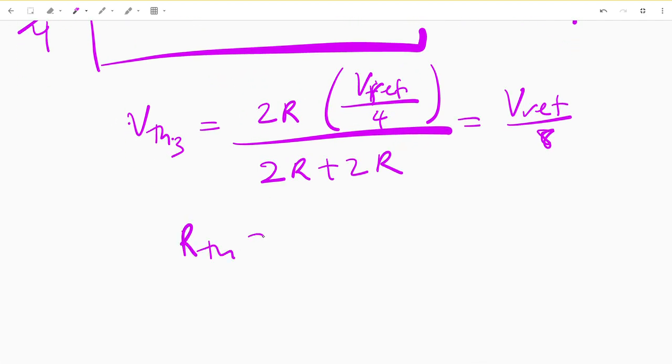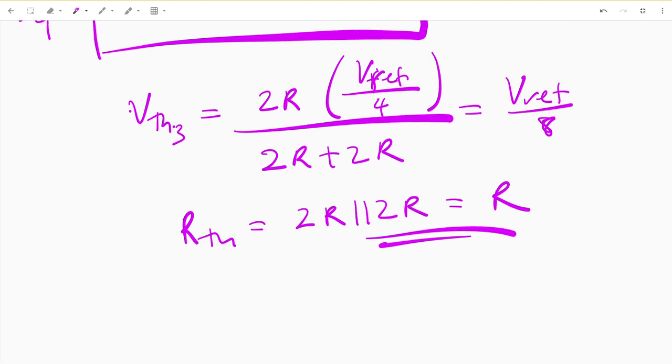And RTH is equal to 2R in parallel with 2R, which is equal to R. And again, we proved this earlier.